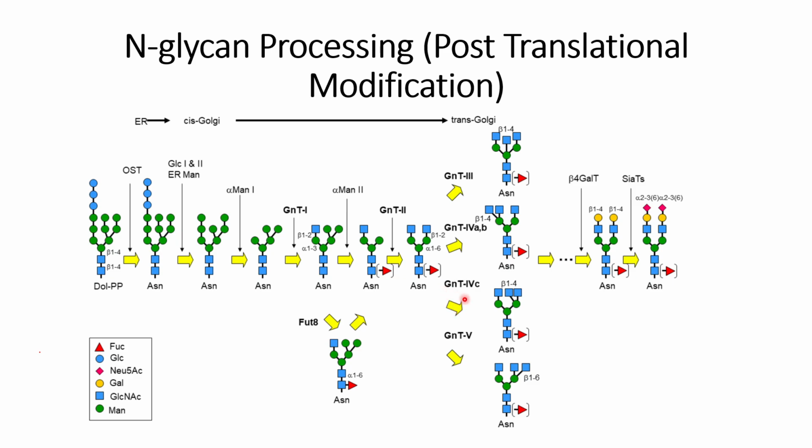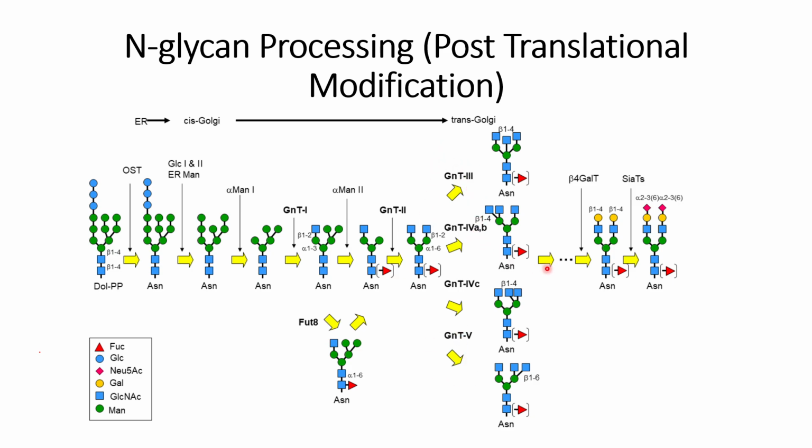And if it interacts with GNT4C, it will lead to beta 1,4 GlcNAc structure formation at the alpha 1,6 mannose structures. And if it interacts with this GNT5, it will lead to this beta 1,6 linkage formation at the alpha 1,6 mannose structures. So this is how the different kinds of structures form based on the interaction with the different kinds of enzymes.